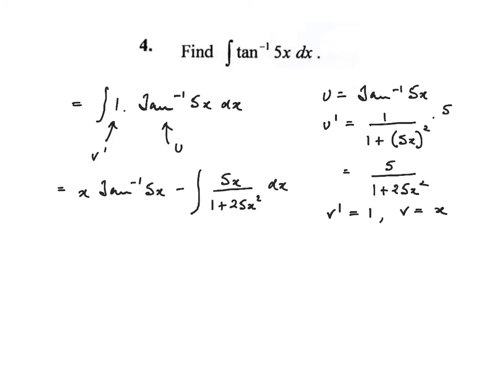Now what we are going to do is to modify the top line. If I differentiate 1 plus 25x squared, I get 50x. So I'm going to multiply the top line by 10, and at the same time divide by 10 outside the integral.